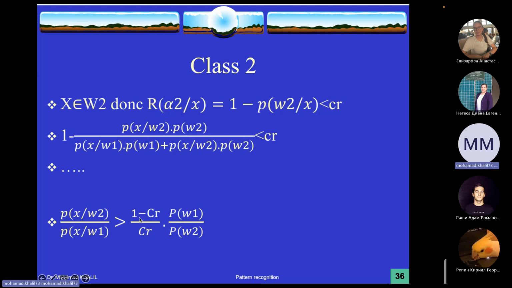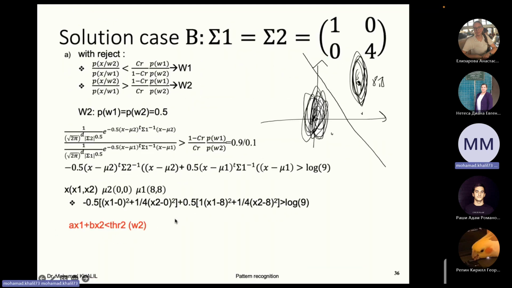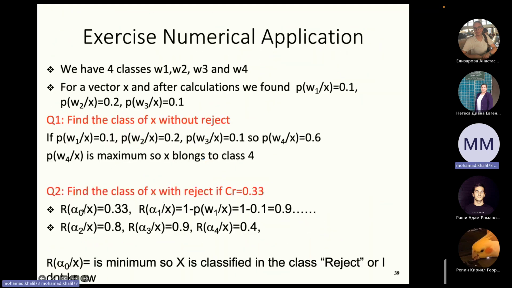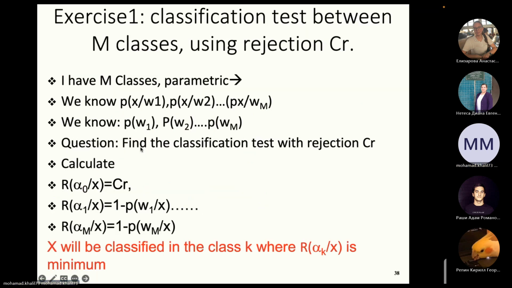Because between the two thresholds, the class is I don't know. So in general, with rejection, if you have many classes, you have p(x|omega 1), p(x|omega 2), and the priors, you have to calculate R alpha 0, R alpha 1, R alpha m, and x will belong to the class where R is minimum.